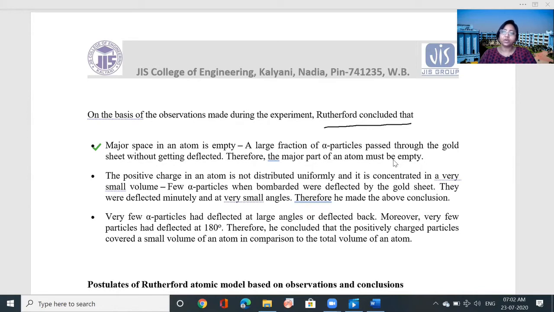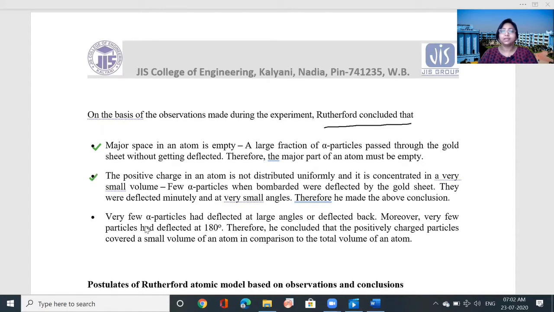Therefore, he concluded that the major part of the atom must be empty.